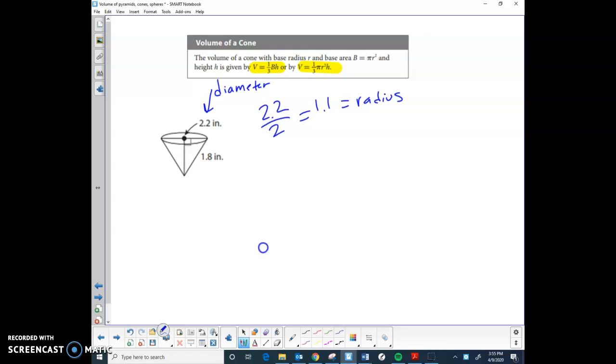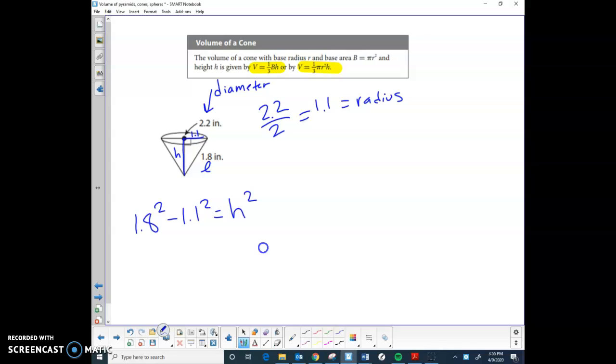The height needs to be the vertical height. We're given slant height. A lot of times you'll see it noted as a little cursive L, but we have a right triangle, so we can do the Pythagorean theorem. This part we said is a radius, so that's 1.1. So our hypotenuse squared minus our side length squared will give us our height squared.